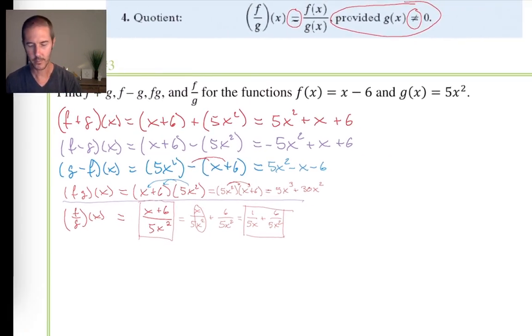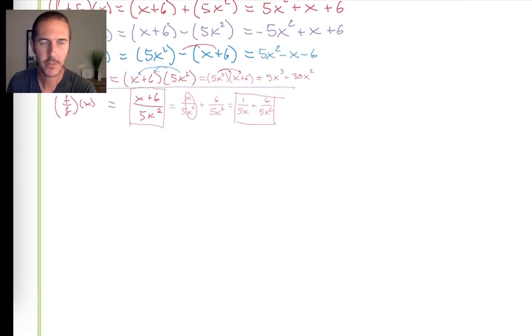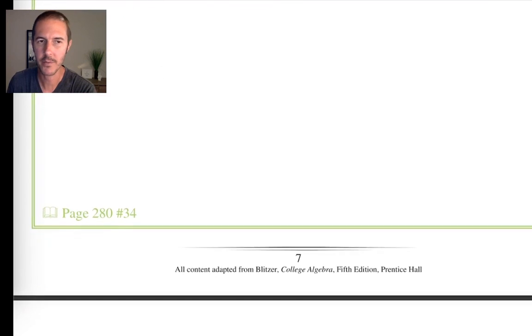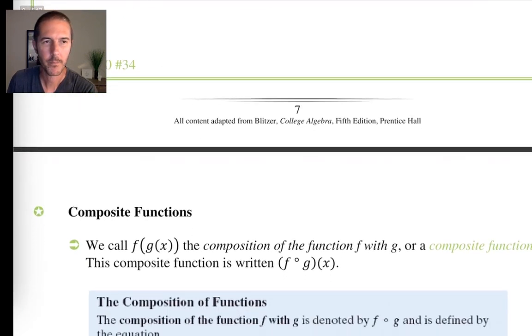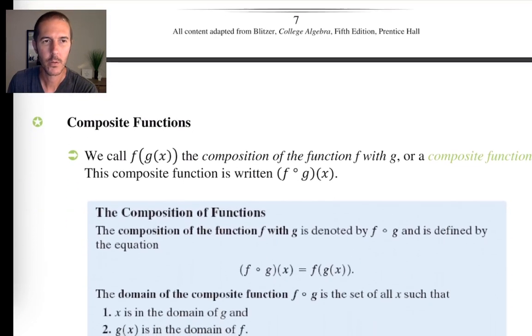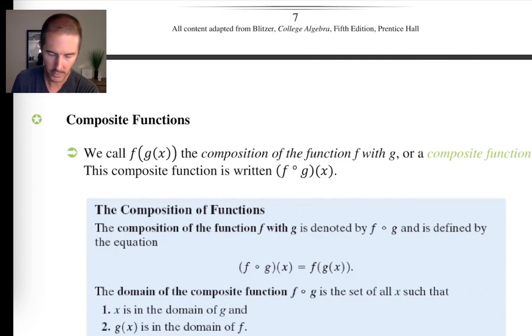So that is some function arithmetic, and I suppose you could call it function composition, but more typically, when we're working on function composition, we're seeing this kind of notation here, or this notation, which a lot of people call f o g notation. These two are equivalent.